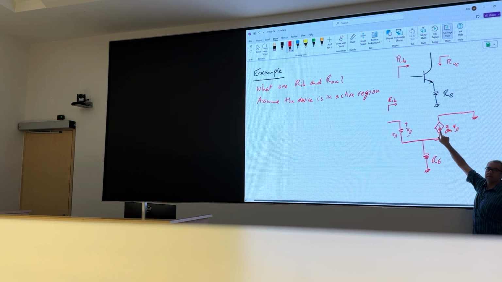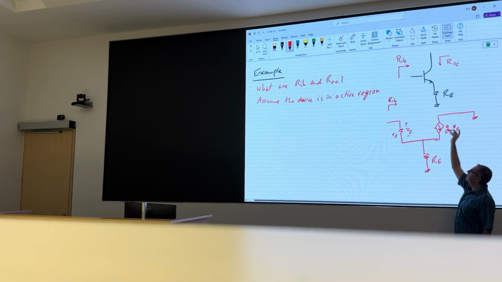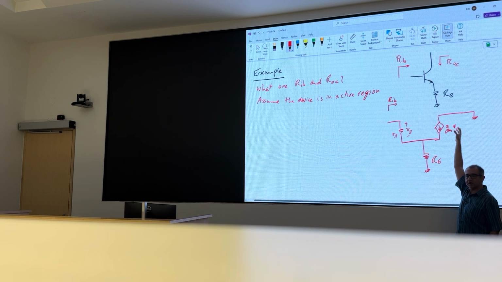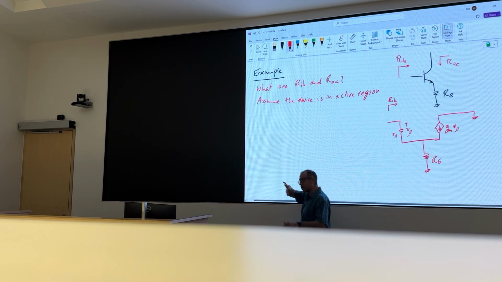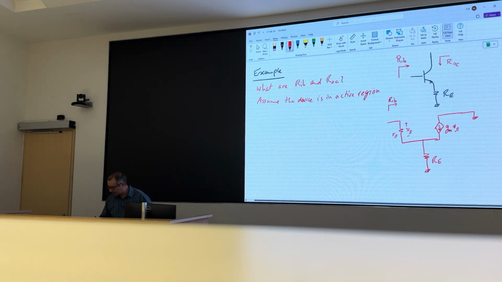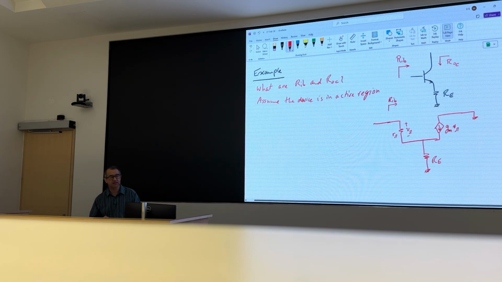It's behind the current source. Whatever I have here, the current here doesn't change. So for now, let's just ground it. It shouldn't be open, because then you have a problem with your current source, but whatever else it is, it doesn't matter.